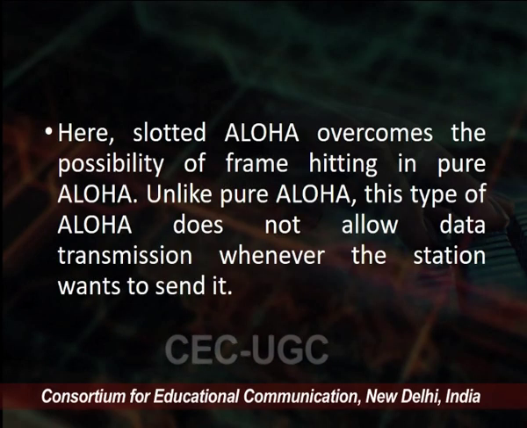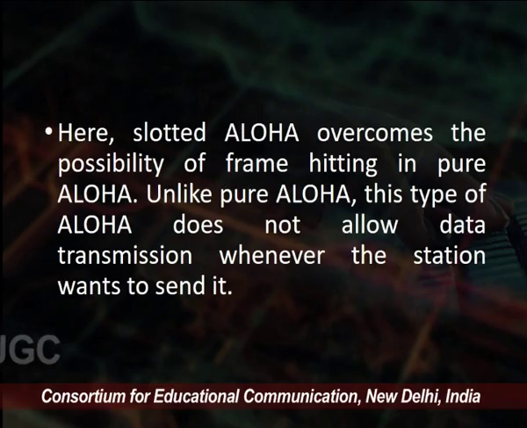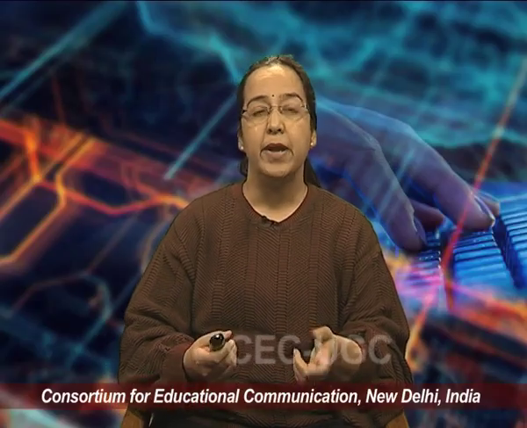Unlike pure ALOHA, this type does not allow transmission whenever the station wants to send. As I have already told you, the transmission can only begin at the beginning of the slot. So if a station wants to send a frame onto a shared channel, it can be sent only at the beginning of the slot.